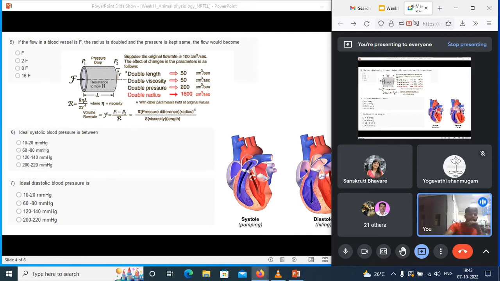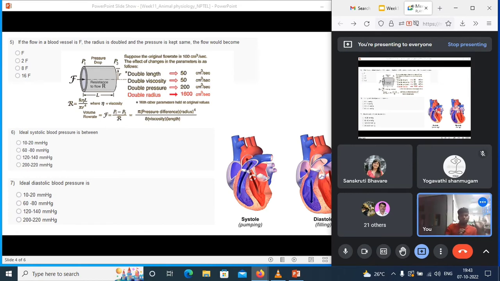That simply means pi R to the fourth by 8 eta L, right? Just make it reverse. Even though the entire formula has pi and the pressure difference, don't go into that. Just first consider that it is pi R to the fourth by 8 eta L.